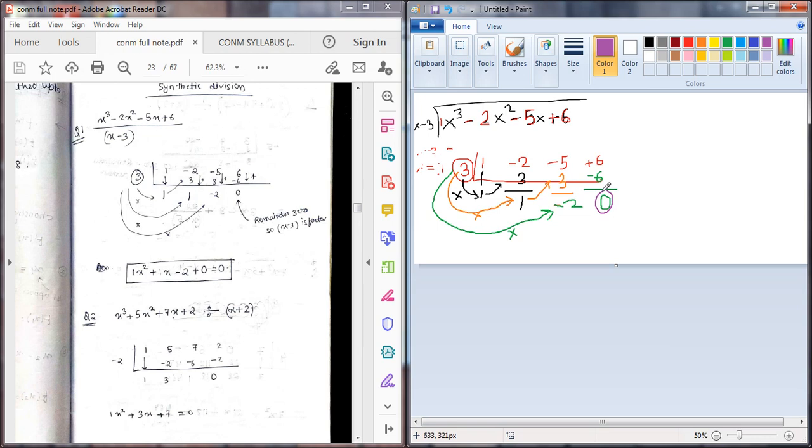So the final result will be 1 x square, plus 1 x, minus 2, and plus 0, which is equal to 0. So basically x square plus x minus 2 is your answer.